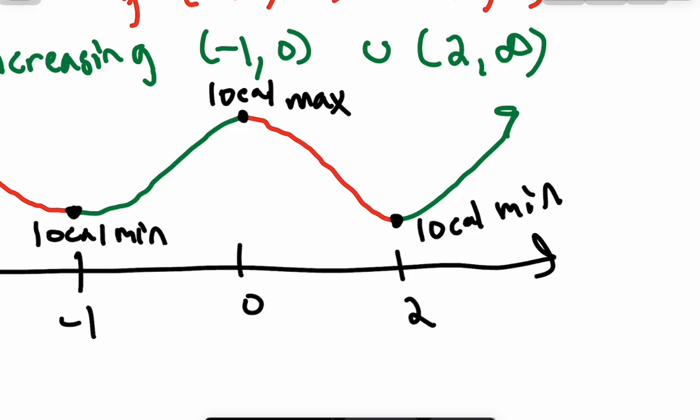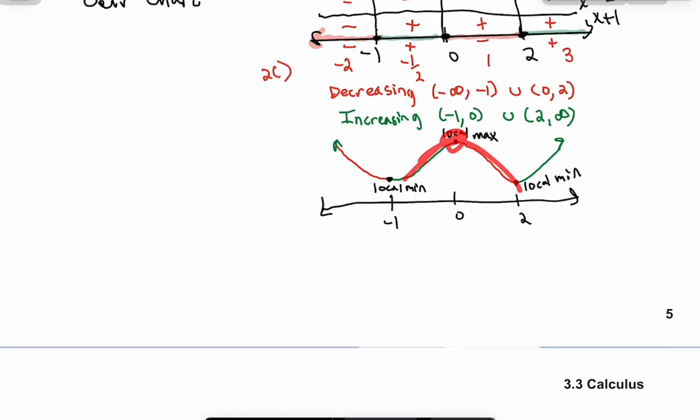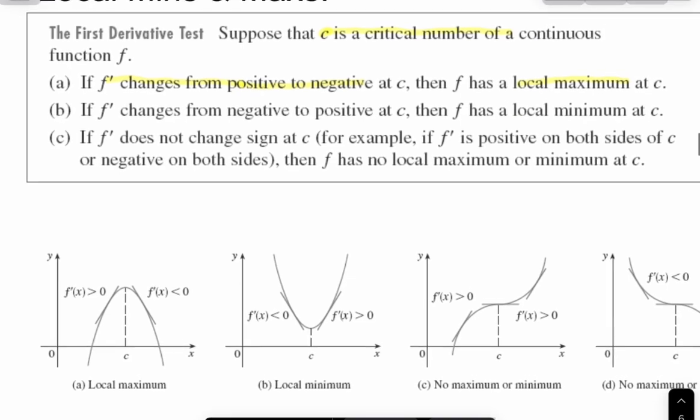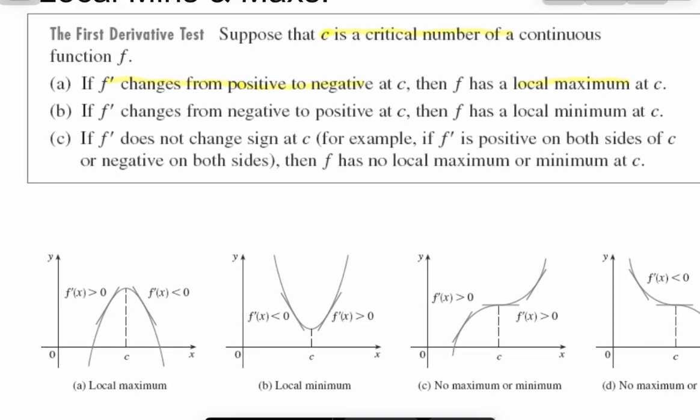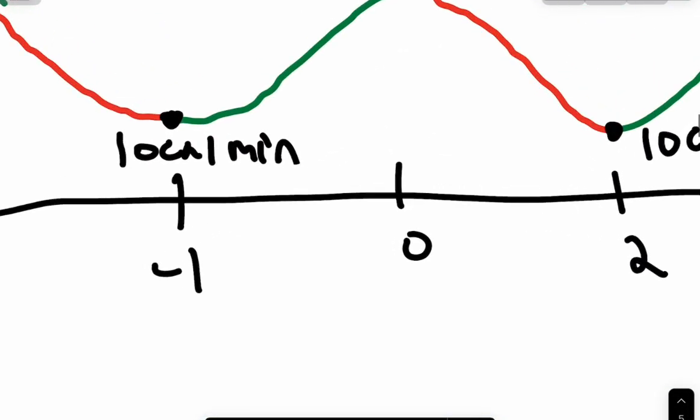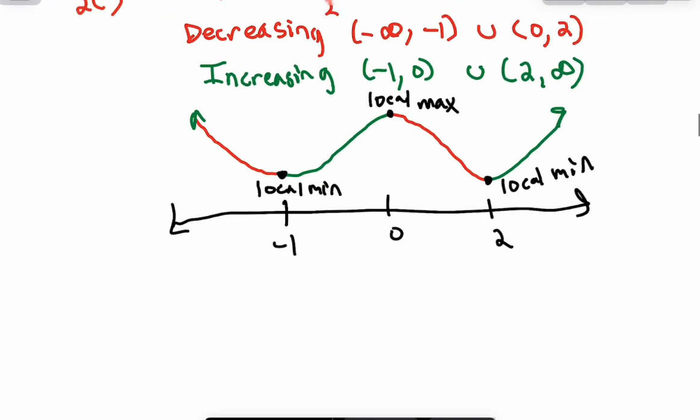See how it went from positive to negative. It went from increasing to decreasing. Doesn't that have to be a local max? That's what that first line says. If my derivative changes from positive to negative, it has to have a local max at C. If my derivative changes from negative to positive, it has to have a local minimum at C. See how it changed here from negative to positive? It has to be a local min.